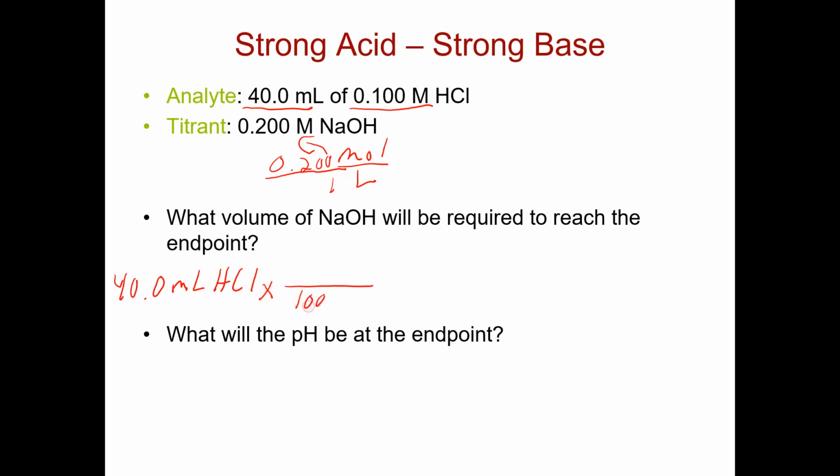So we have 1,000 milliliters of hydrochloric acid per 1 liter of hydrochloric acid. And then 0.100 molar tells us that for every 1 liter of hydrochloric acid, we have 0.1 moles of hydrochloric acid. And then we write out our reaction.